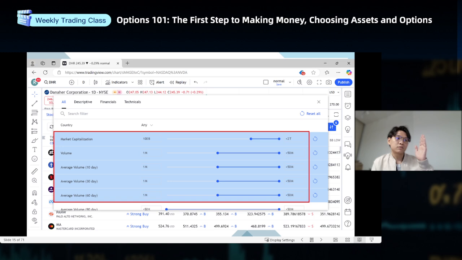Why do I need the average volume for 60 days also to be above 1 million? Because there might be a news release or some financial report, so there might be specific days when an individual stock spikes up and has some huge volume.